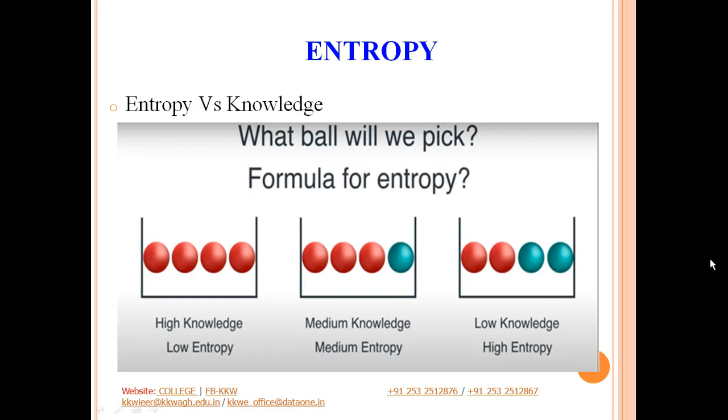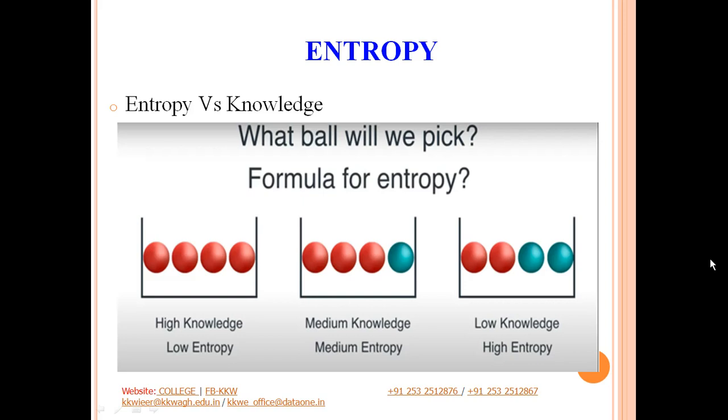So definitely we have high knowledge about the ball that we are going to pick. High knowledge definitely means less entropy. As we have seen, entropy is a measure of impurity. In the first case there is no chance of impurity because all the balls are red, so it indicates low entropy and high knowledge.